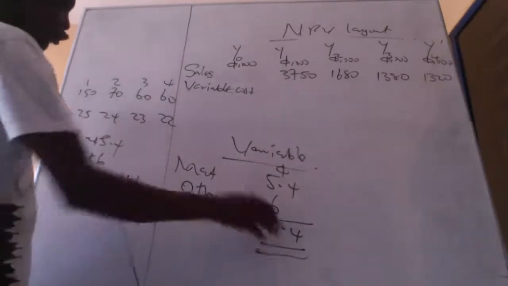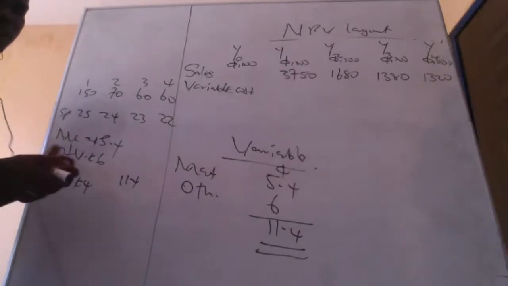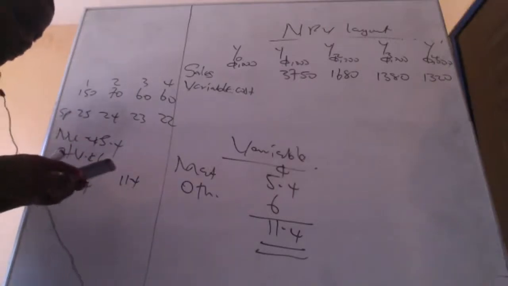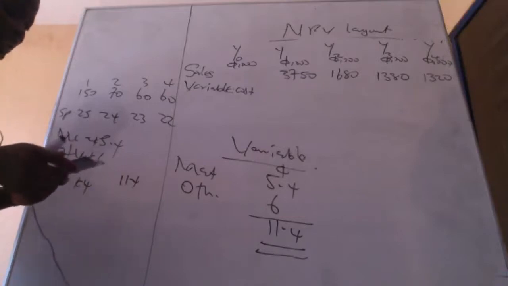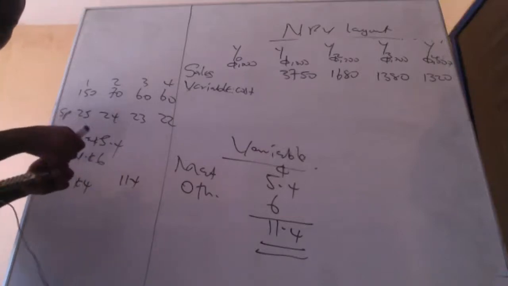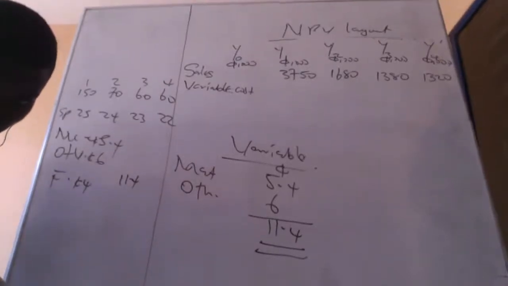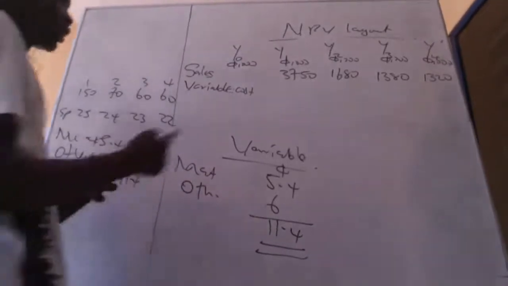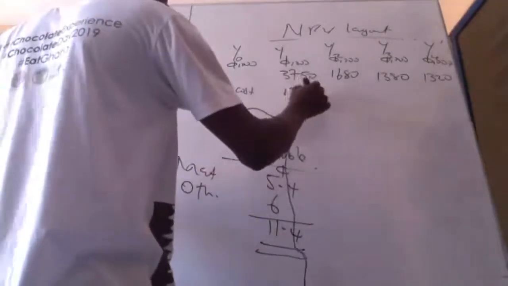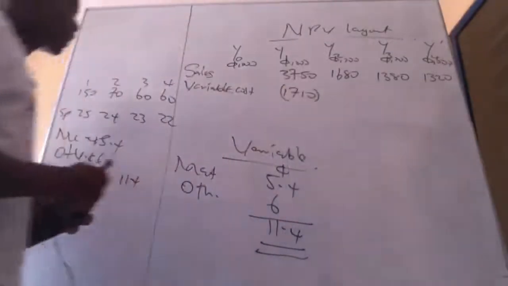So 11.4 times 150 for the first one. 1710. Good. So 1710. Put this in the bracket. What about year 2?